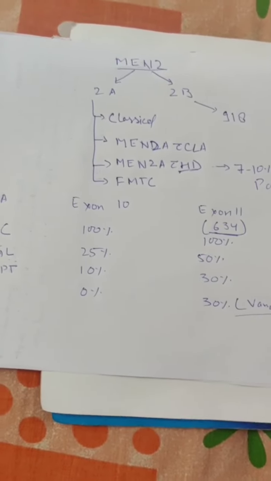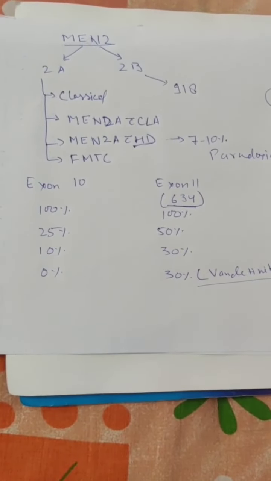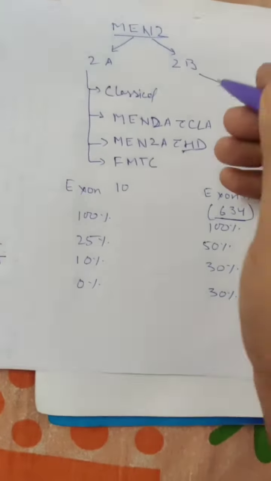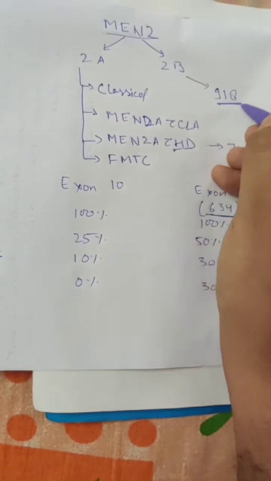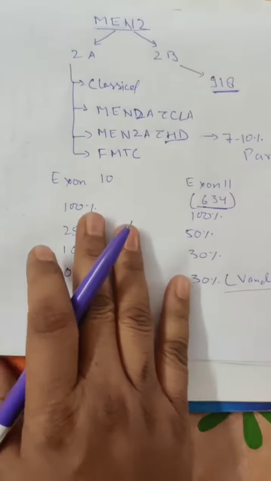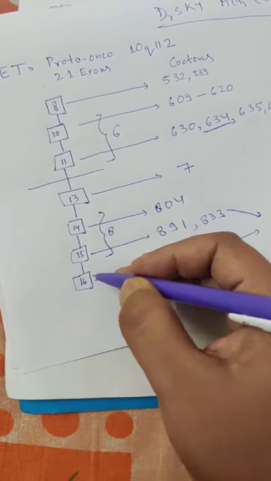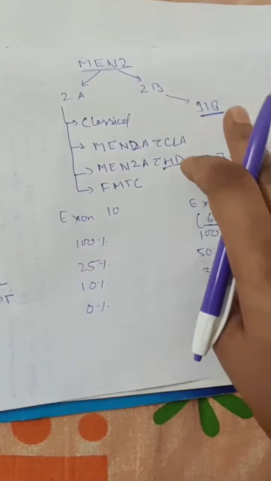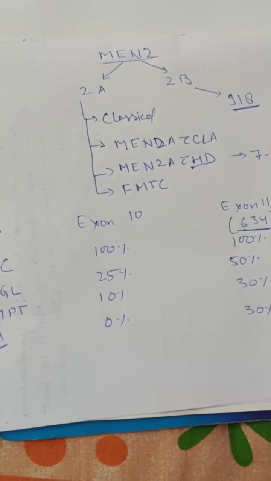Coming to MEN2B. MEN2B is associated with mutation in codon 918. We can know from our chart that this is the last exon, exon 16, associated with series 918, and it is associated with the highest risk.